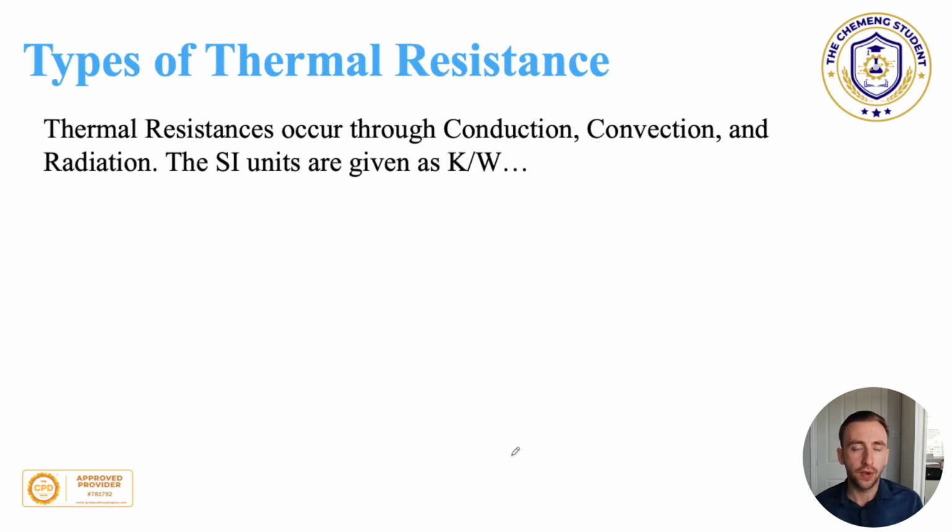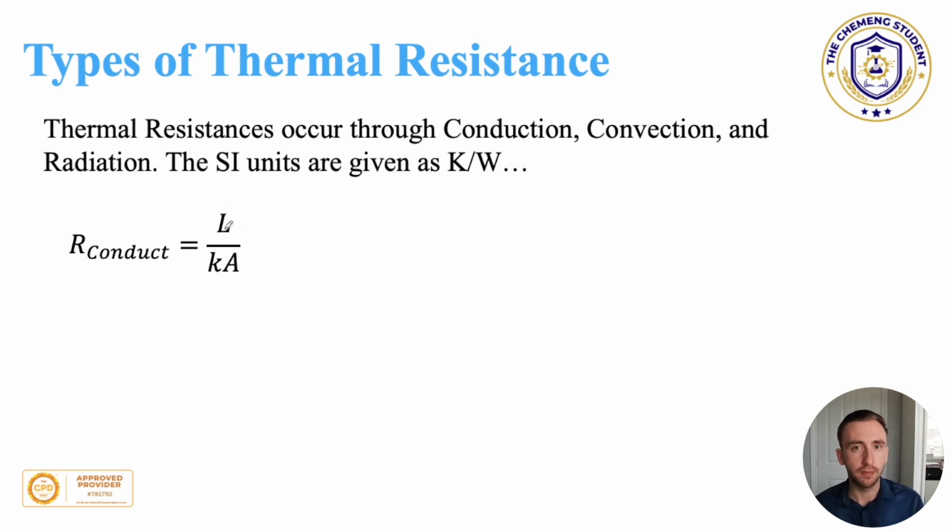But what we want to do is just recap on the three different types of thermal resistance and what the respective equations are. So we have conduction, which is essentially the length of the material.